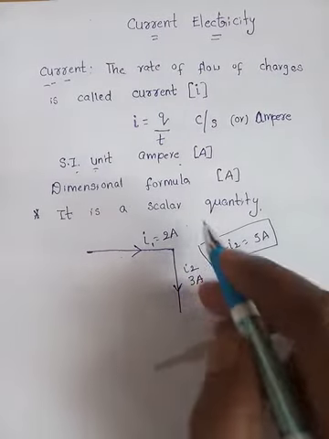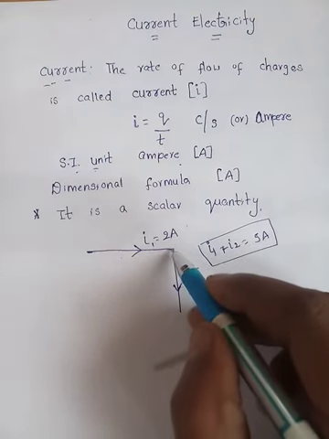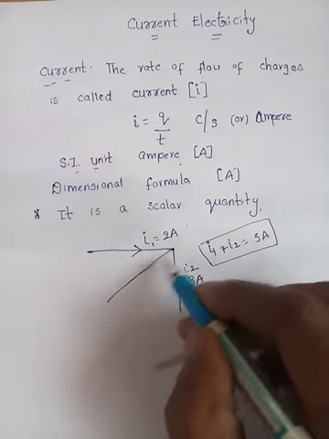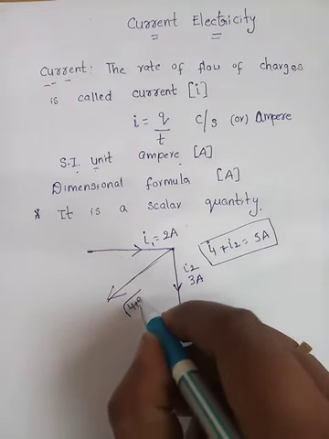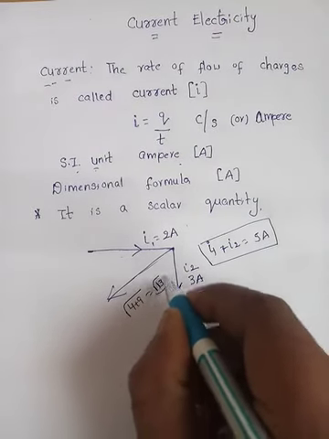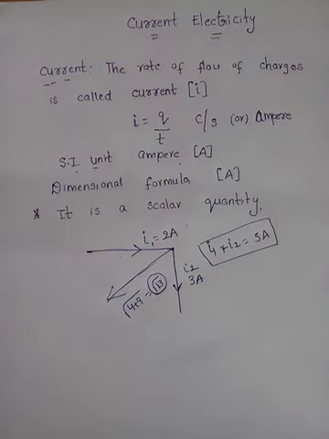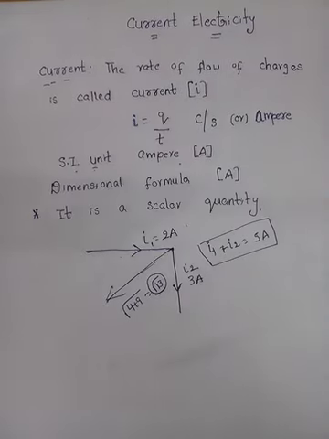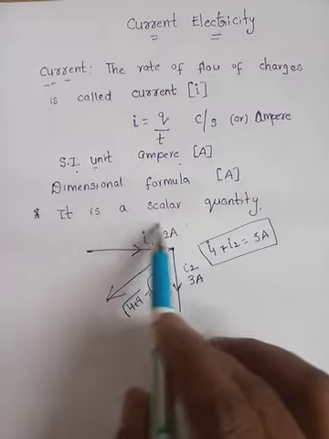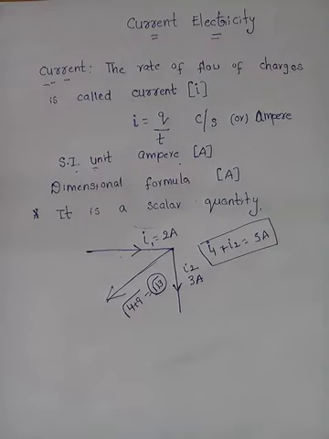If you apply the vector laws of addition, the value becomes the diagonal, so the answer is root of 4 plus 9, that is root 13 amperes. So if currents are moving at any angle, the net current is the algebraic sum of the currents flowing through the conductors, but we are not going to apply the vector laws. That's why we consider this a scalar quantity.